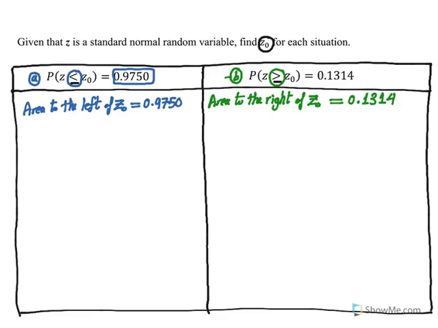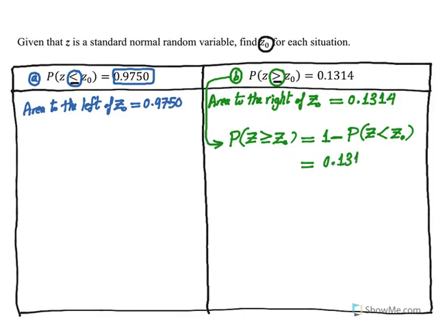For example, in part B, if you watch part 1 of using the Z table, the first video about the Z table, you remember that the probability that Z is bigger than or equal to Z0, or the area to the right, is 1 minus the probability of Z less than Z0. And remember here, if you put equal or not put equal, it doesn't matter for areas. So now they are giving you that this is 0.1314.